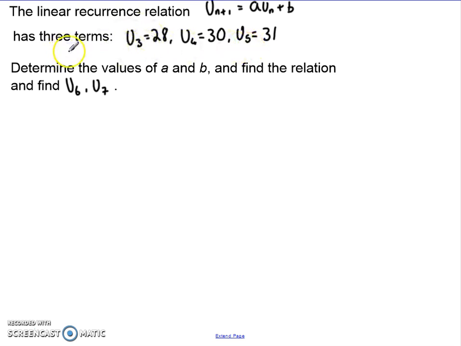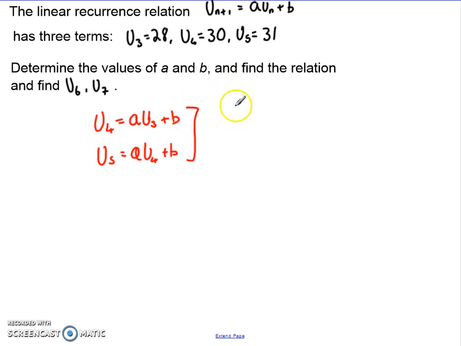So u3, I don't know u2, so I can't set up a relationship with that. u4, I know the previous, so I know then that u4 is going to equal a times u3 plus whatever b is. And I then know that u5 is going to equal a times u4 plus whatever b is again. So I can use them to set up my set of simultaneous equations.